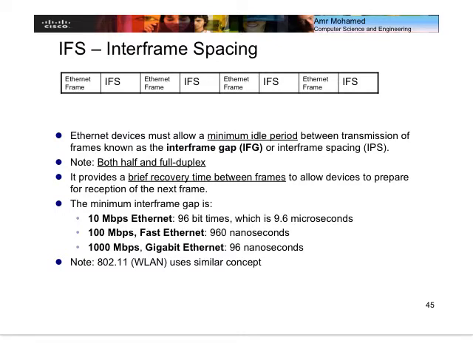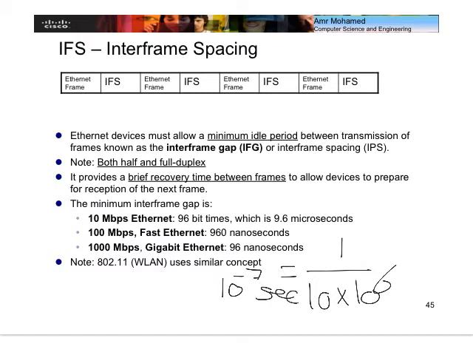And for simplicity, we can just say this is 1 over 10 times 10 to the power 6, just to keep it simple. Which is 10 to the power minus 7 seconds, which is 0.1 microsecond.